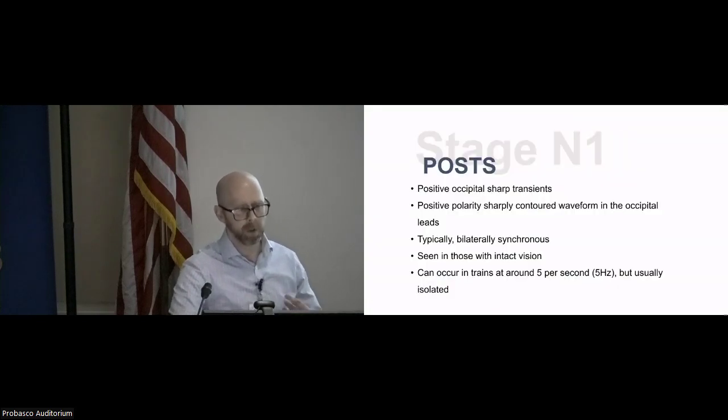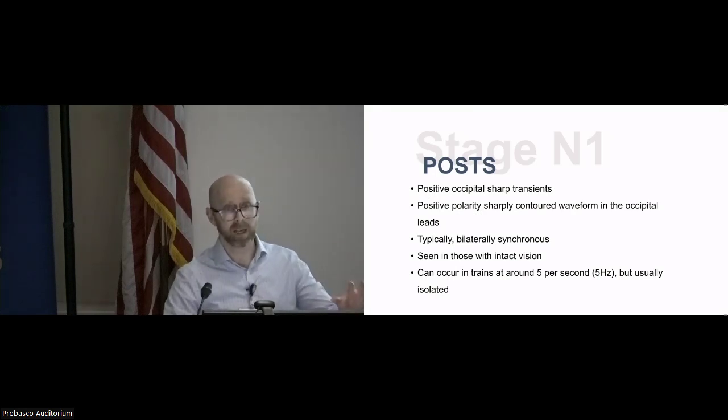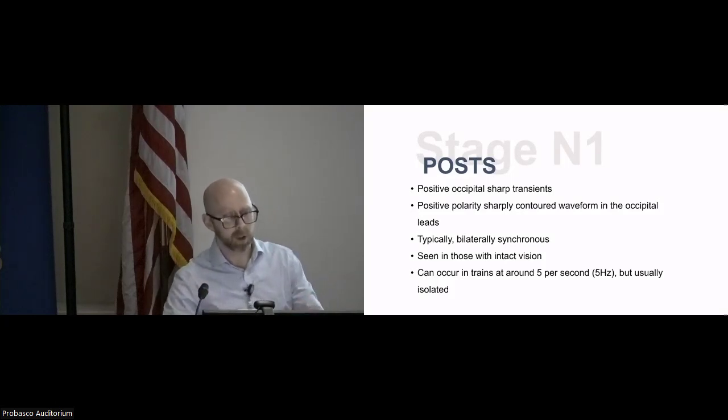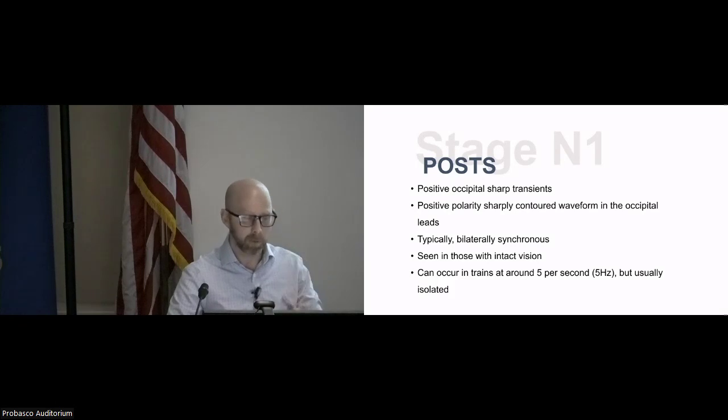And then a really defining feature is the positive occipital sharp transients. They're very similar to the lambda waves in how they look on an EEG. You just happen to be in drowsiness or sleep when they occur, because you're no longer visually scanning objects. They can occur in trains sometimes, and that can be a little confusing. But in general, they are only seen in those with intact vision, so people who are blind from birth wouldn't really produce these.